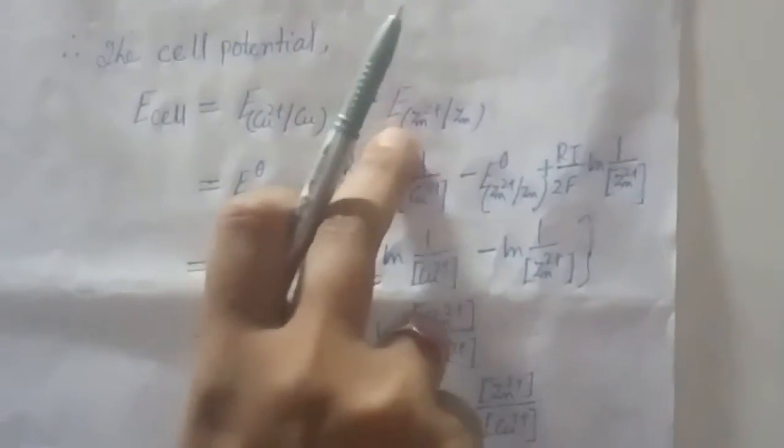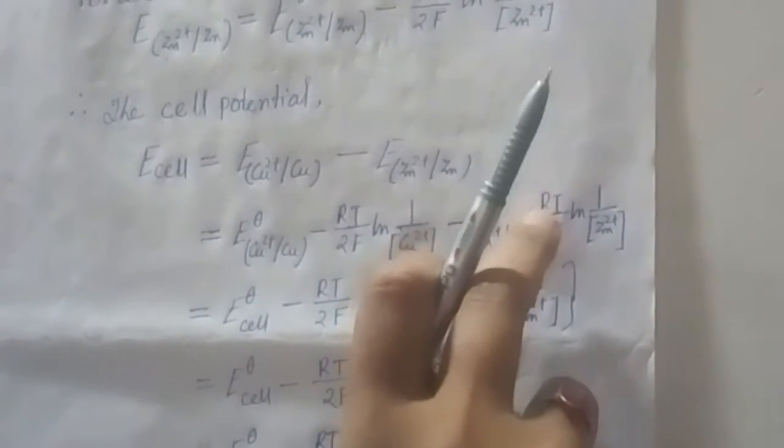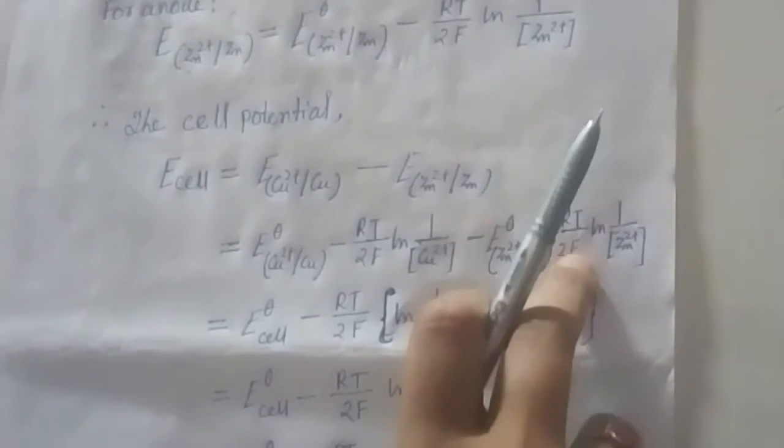The electrode potential for the cathode will be equal to E standard cathode minus RT/2F ln of 1 by Cu 2+. Similarly, the electrode potential for the anode will be E standard anode minus RT/2F ln of 1 by concentration of zinc 2+.